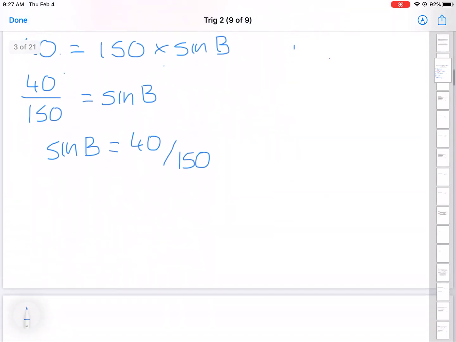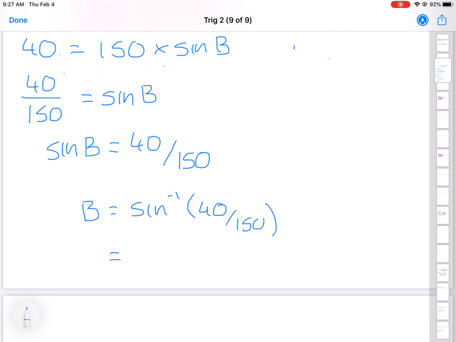Now the next step here is, if we remember back to when we were looking at solving trig equations, if we've got sine of B, B is the angle. If we want to find that angle, generally it was x when we were looking at trig equations, we will use sine minus 1 of 40 divided by 150.